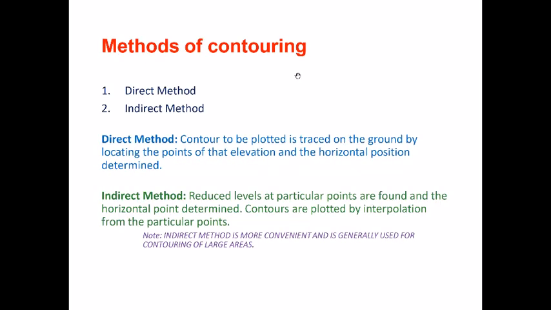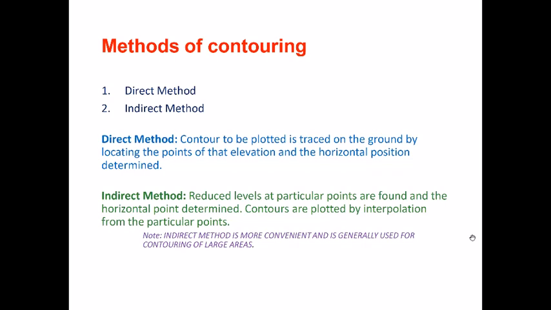So for that, we have two methods: direct method and indirect method. The difference between the direct method and the indirect method is that in the direct method, you first decide what are the contours that you are going to draw for what elevations, and then you actually try to find out the locations on the ground that have that specific elevation.